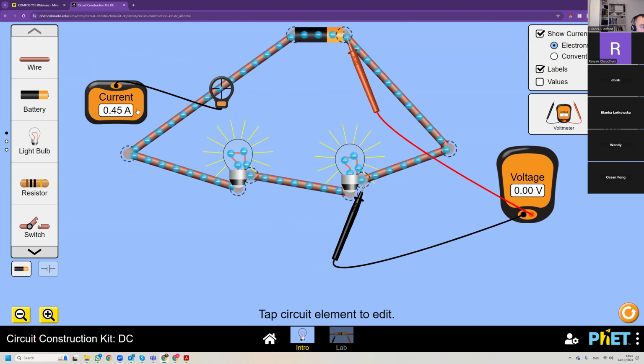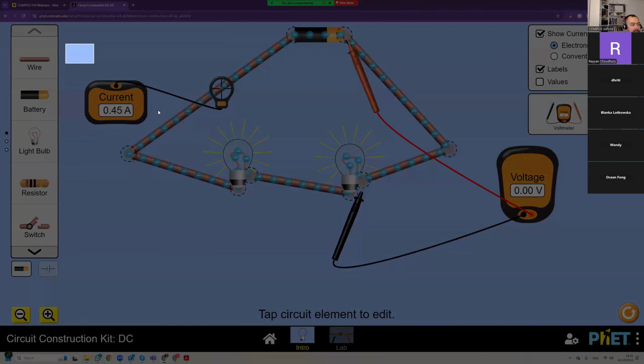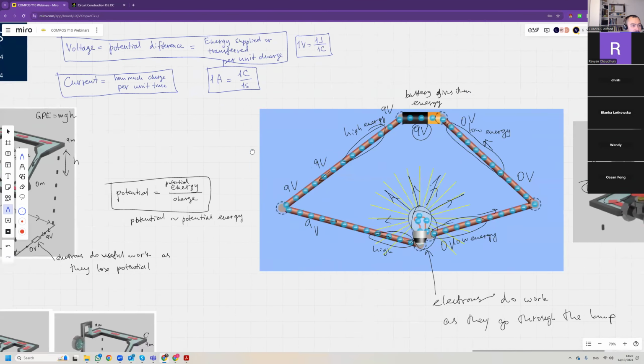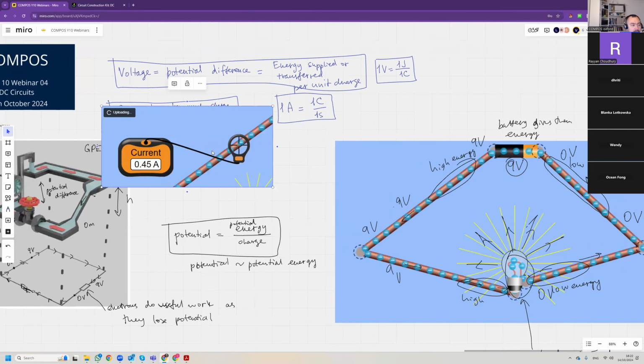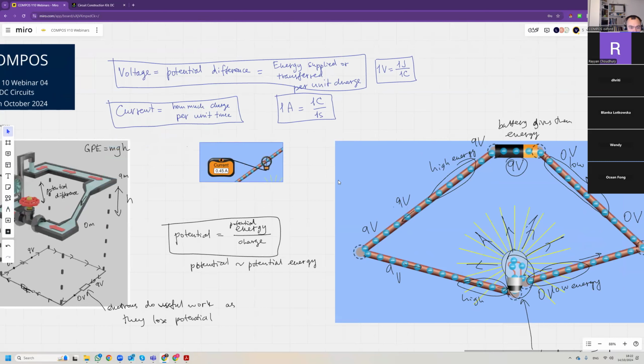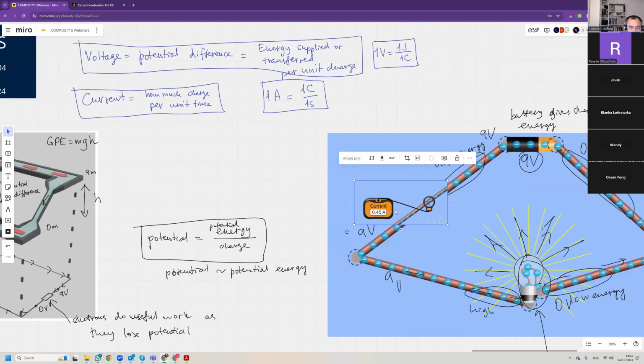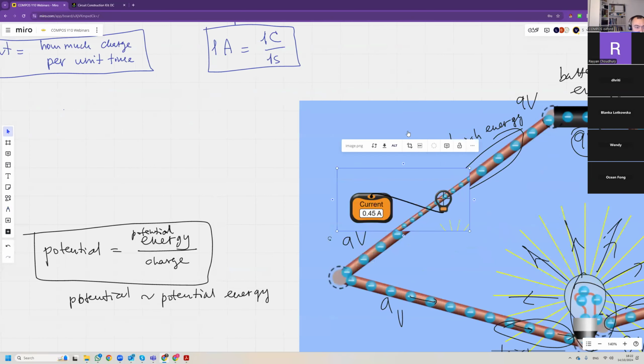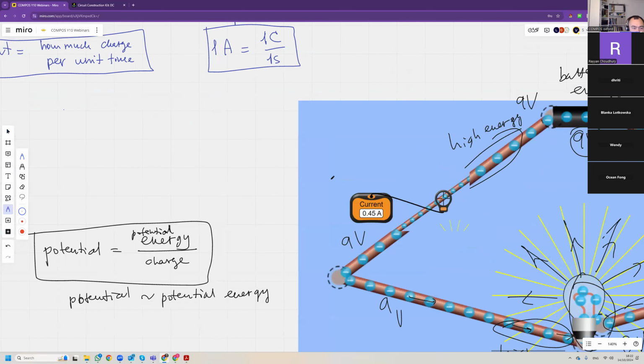The current in the wire is 0.45 amps. That means 0.45 coulombs per second.